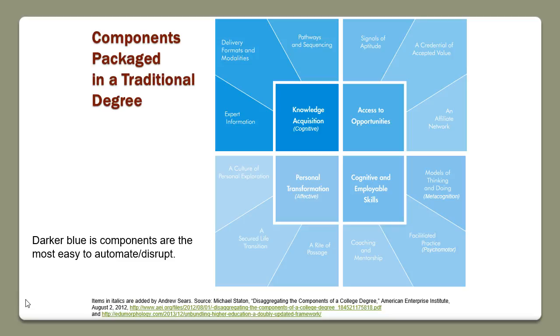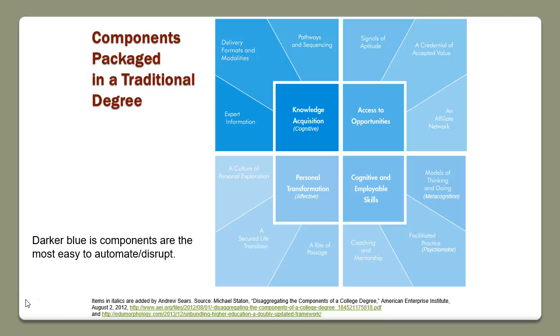In some ways that's probably true, and I think he's looking at code academies and similar examples where you're guaranteed a job at the end. But there are other aspects, like providing degrees, that I think will be more difficult. And cognitive and employable skills become harder to disrupt because you need more mentoring, and it involves people, and the personal transformation.